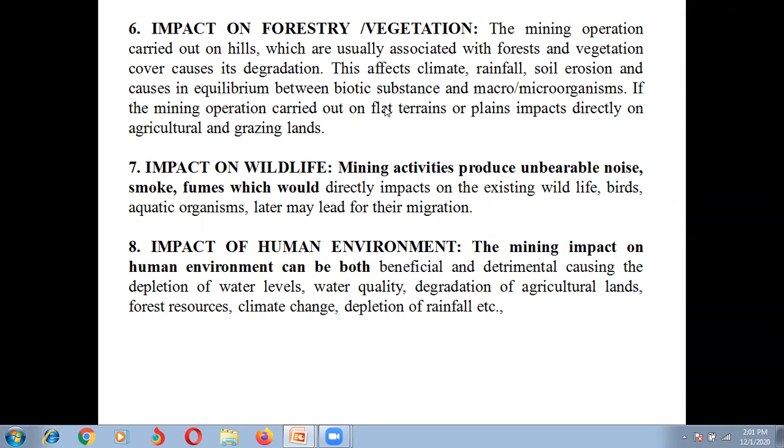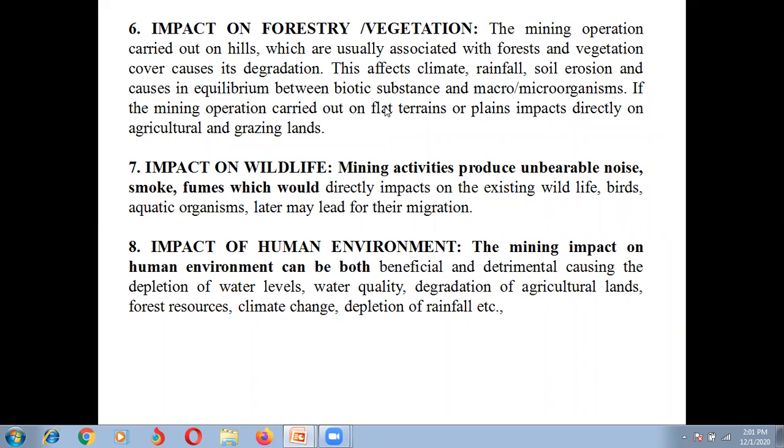The terrain, biotic systems, and microorganisms will have a greater impact on the ecosystem we are talking about. If mining operations are carried out for a greater period, it will definitely have a greater impact on forests, human health, and wildlife also.